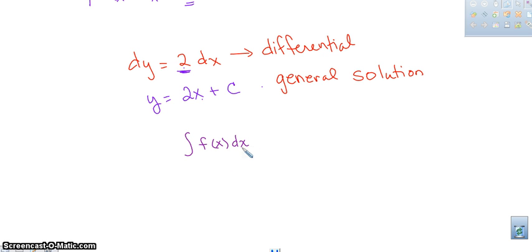And that dx has to be there because you're taking the integral of a differential equation. This part right here, the f of x, is what they call the integrand. This dx, remember how I said that was the small change? That's your variable of integration.